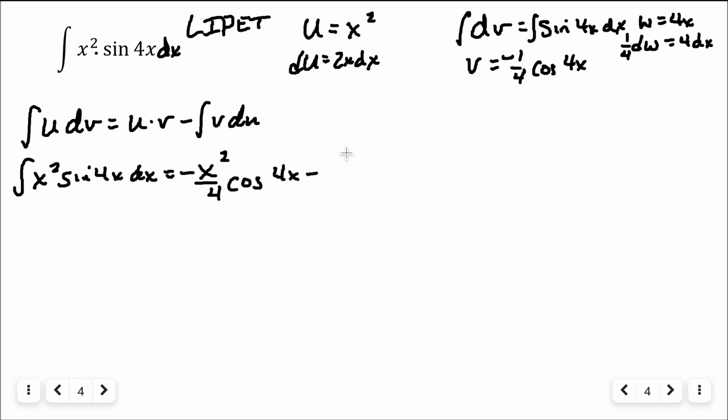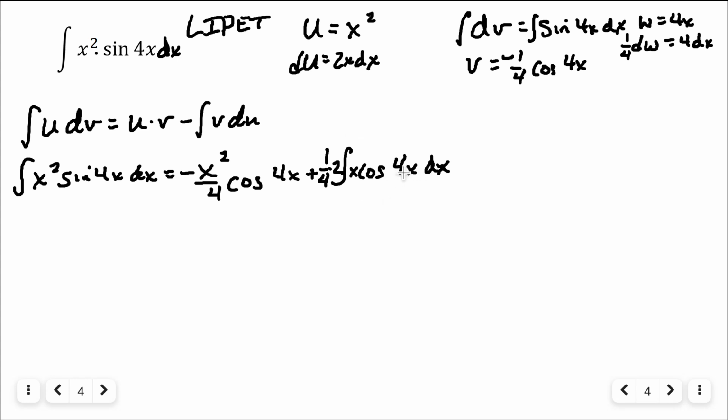Minus the integral of v. v is negative 1/4 cosine 4x. So the negative times that negative will make a positive. I'm going to keep the 1/4 out front and write cosine 4x du. du is 2x dx. So I'm going to multiply this 1/4 by 2 and put this x up here in the front. So now, if you look inside the integrand, I have the integral of x cosine 4x dx.